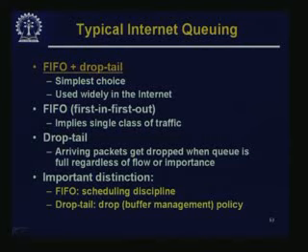So, FIFO is the scheduling discipline, and drop tail is the drop policy, which has to do with buffer management: how much of your buffer you keep empty, whether you allow the buffer to get full, whom you drop when the buffer gets full, etc. These are the buffer management policies. They always go hand in hand; the scheduling policy and the buffer management policy always come in a pair.